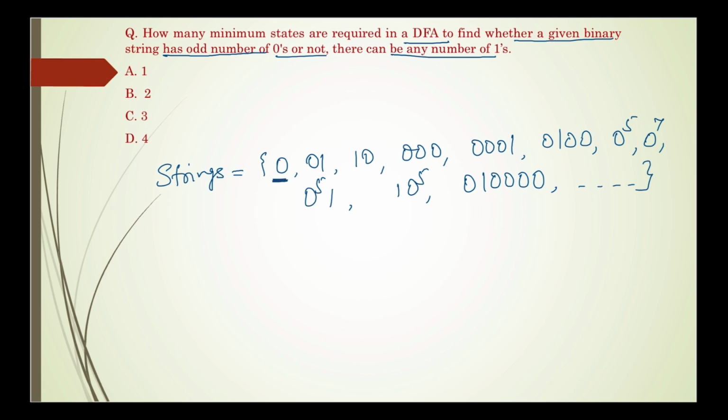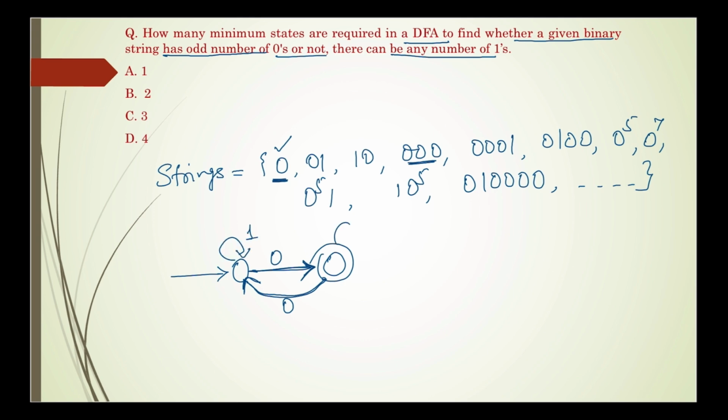So first we construct a finite automata for this minimum length string, which is 0 here. So it will accept 1 times 0. After that 3 times 0 should be accepted. So the transition will be defined here: 1 times 0, second time 0, and third time 0, and you will reach the final state.